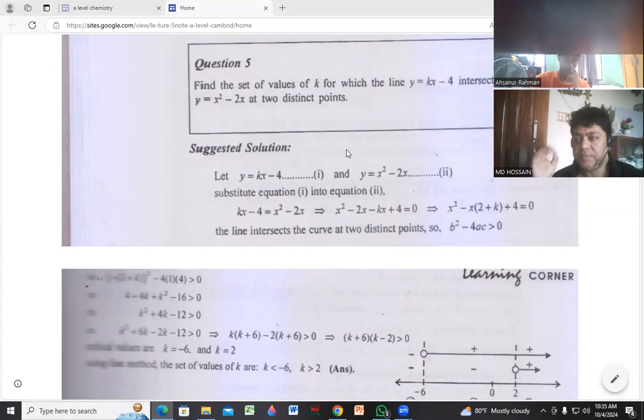The questions of the final examination will not be 100% the same, but the procedure should be the same. Got my point? Yes, sir.